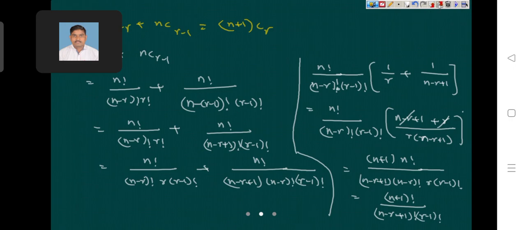Now see what you got: n plus 1 factorial by n minus r plus 1 factorial into r minus 1 factorial.